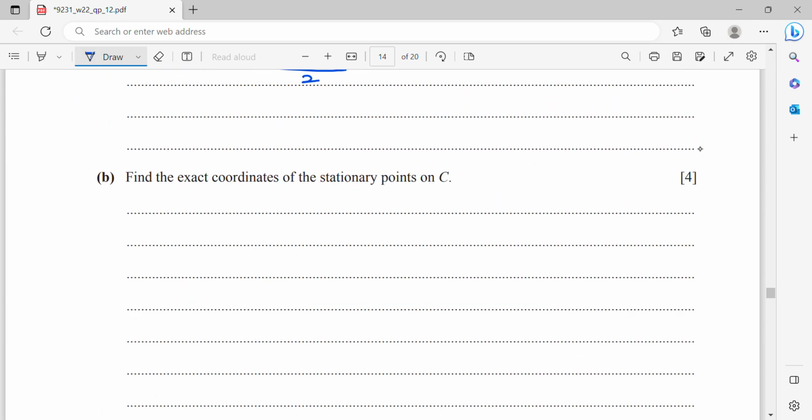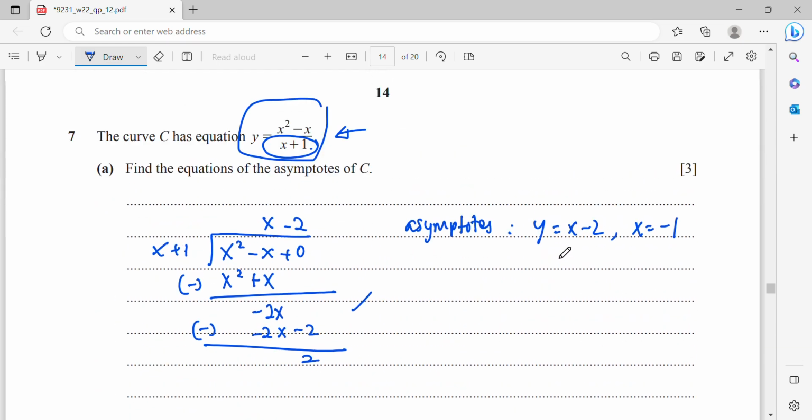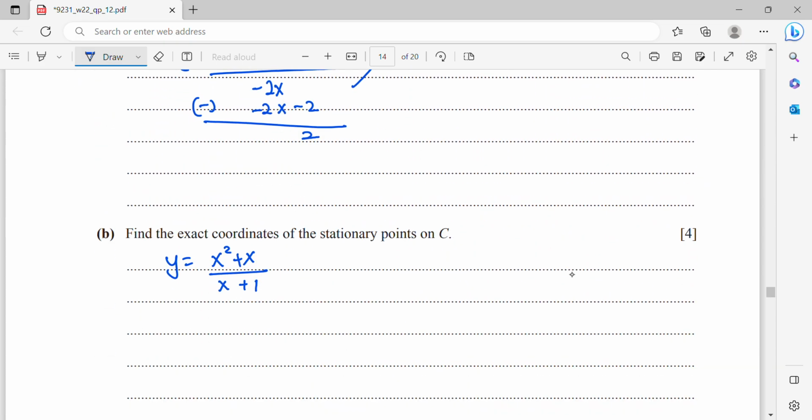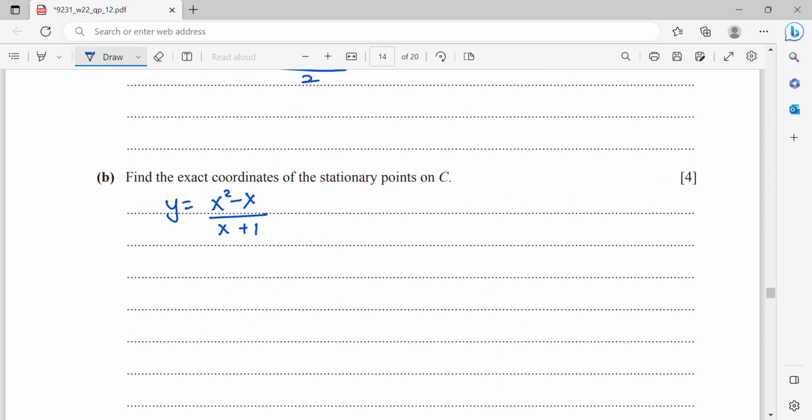So now, I use the original equation. X squared minus x over x plus 1. This is minus. Alright, so to differentiate this, we need to apply the quotient rule.